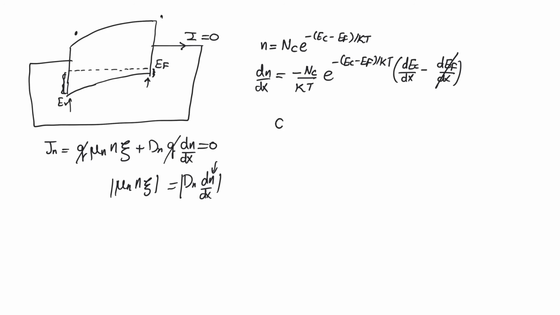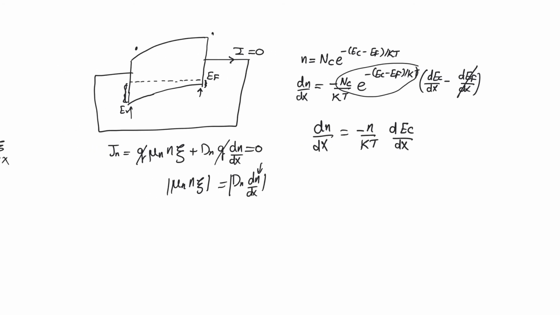And therefore, dn/dx, we notice that this whole thing is n, and so it's going to be minus n over kT multiplied by dEc/dx. But what is dEc/dx? It is the rate of change of the conduction band edge, which is also the rate of change of the valence band edge because they move in parallel with each other, right? But energy levels are directly related to potential.